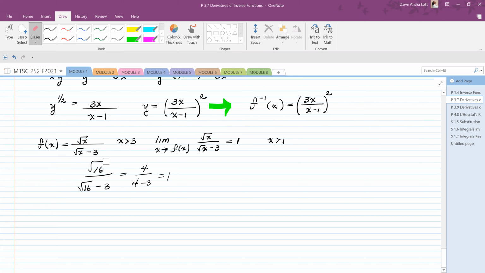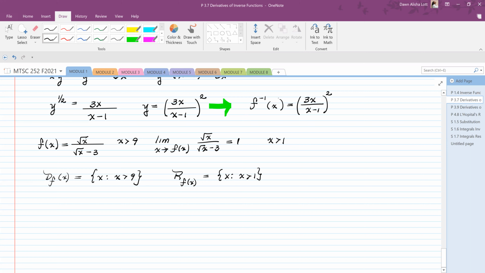All right, so that's our range. So for here, we now know that the domain of f of x is the set of all x such that x is greater than 9. This should be a 9, not a 3. And the range of f of x is the set of all x such that x is greater than 1.